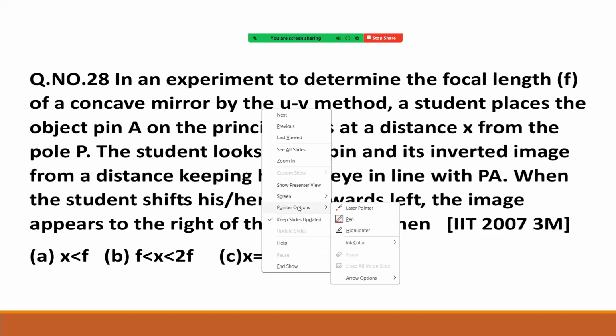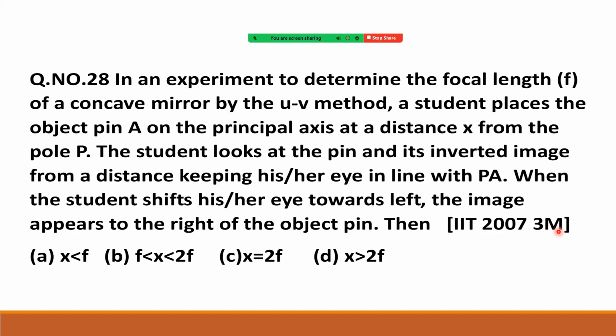This is a previous year question asked in 2007 for 3 marks. See what is given. In an experiment to determine the focal length of a concave mirror by the u-v method, a student places the object pin A on the principal axis at a distance x from the pole P. The student looks at the pin and its inverted image from a distance, keeping his eye in line with PA.